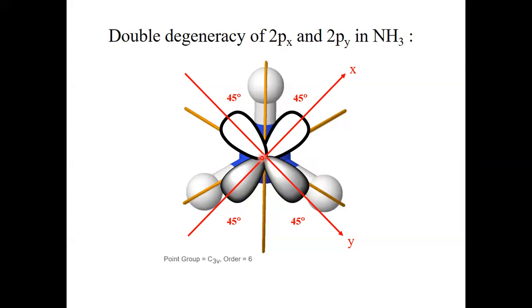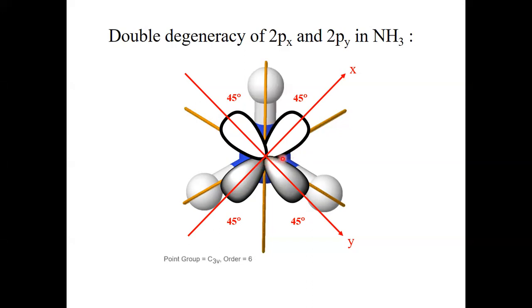Of course, we could also do the opposite. We could interconvert the py orbital also into the px orbital. We could mirror this lobe here over there to the right side, then it would superimpose with this one.